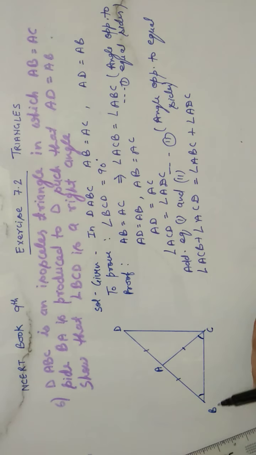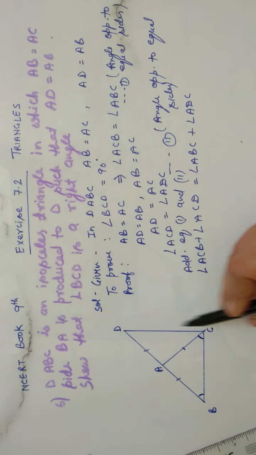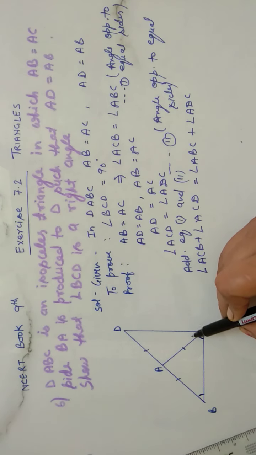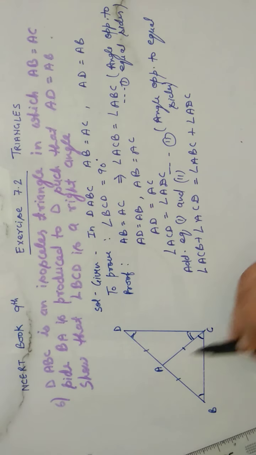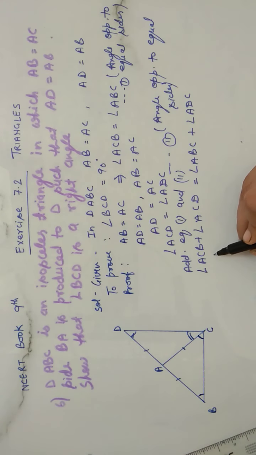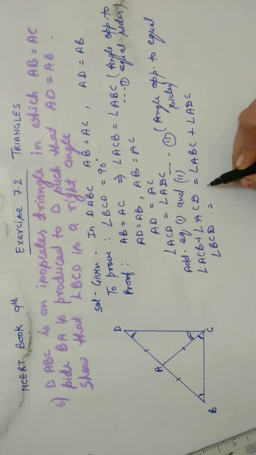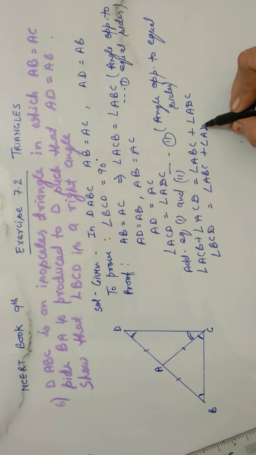Now see, ACB and ACD together make the whole angle. So you can say angle BCD is equal to angle ABC plus angle ADC.